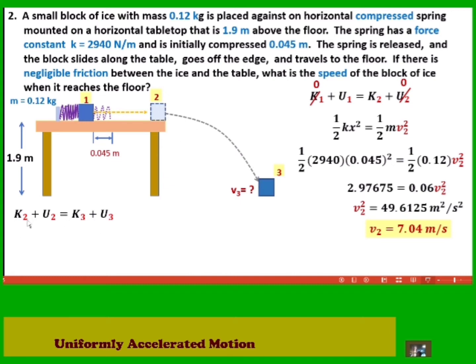And again, according to the energy conservation principle, the sum of kinetic and potential energy at point 2 and point 3 are equal. Considering the motion from point 2 to point 3, our reference level is point 3. So at point 3, its potential energy is 0.